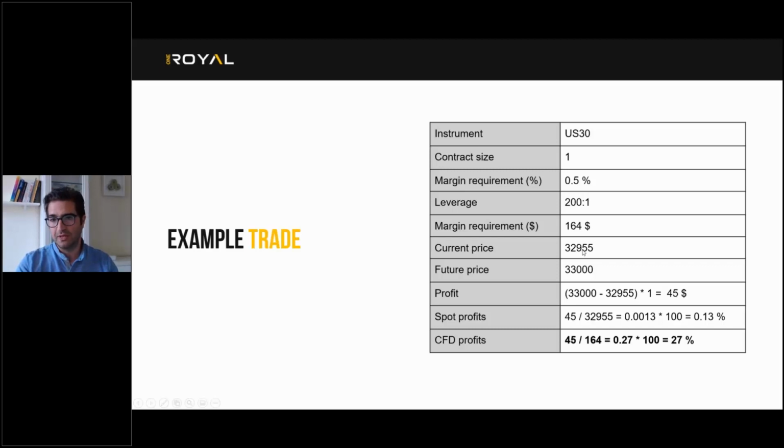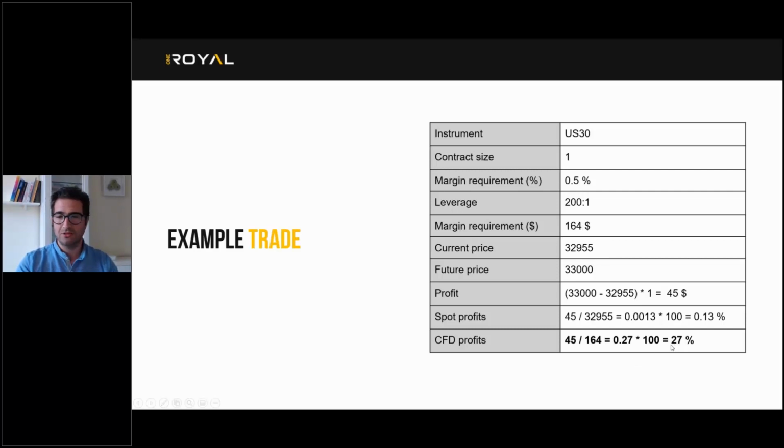divided by 32,955, which is the initial amount you need to trade based on spot trading, then you will make, percentage-wise, 0.13%. However, in CFD, you will make $45 divided by the initial amount. You need just a small amount to trade based on margin. So 45 divided by $164 is 27%.